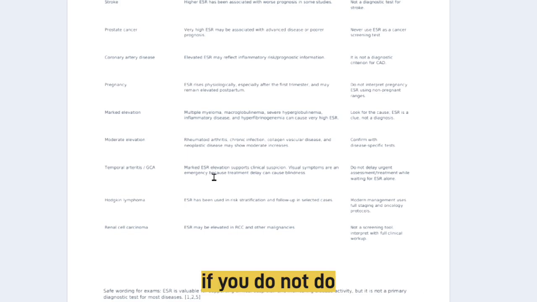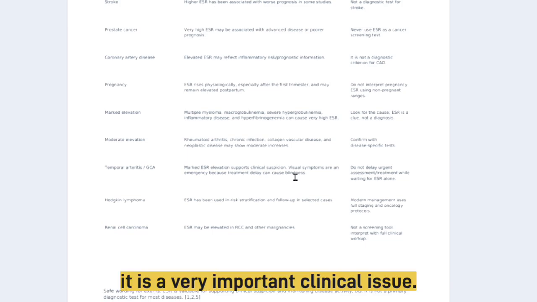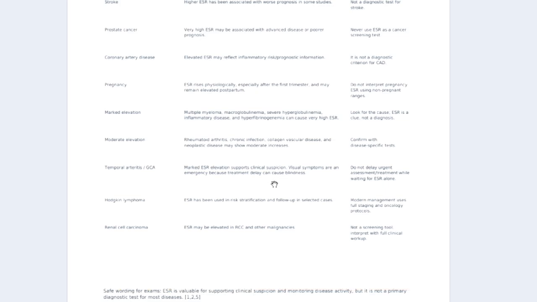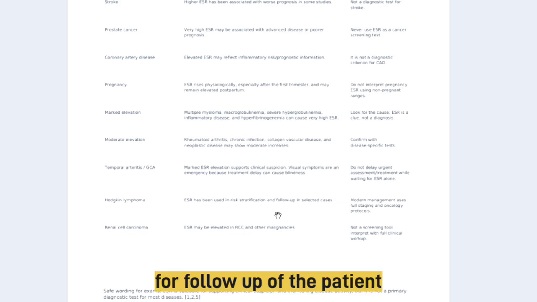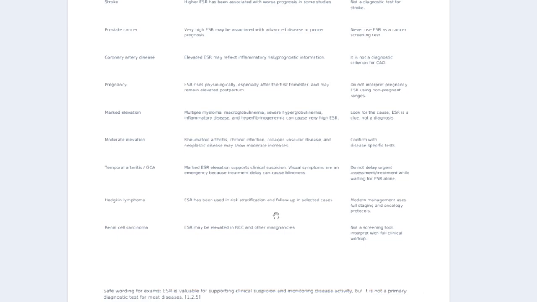If you do not start steroid therapy, visual symptoms and unfortunately blindness may occur, and it is a very important clinical issue.